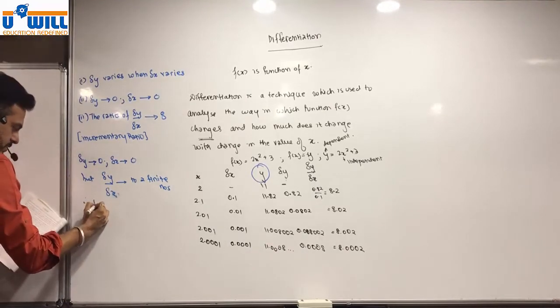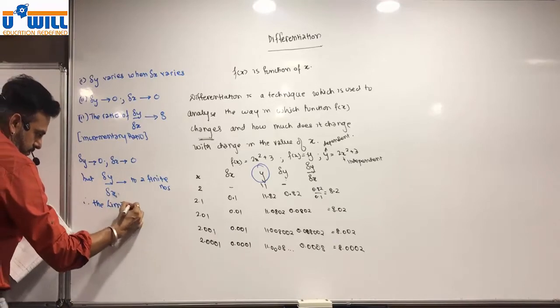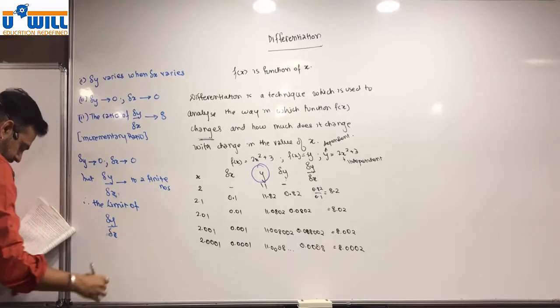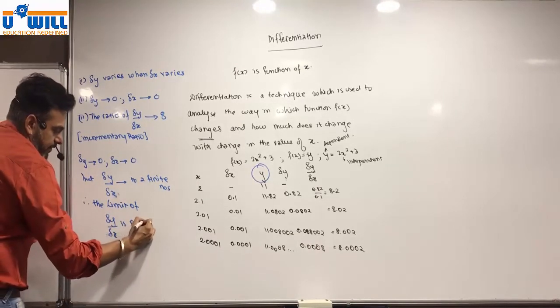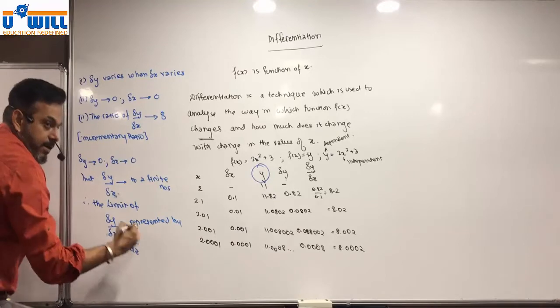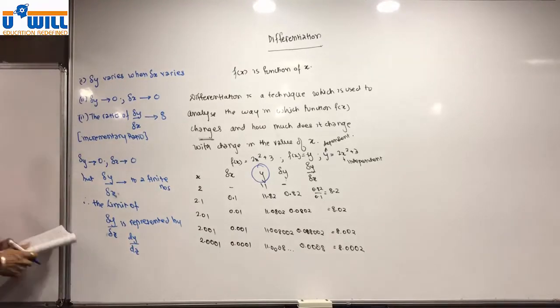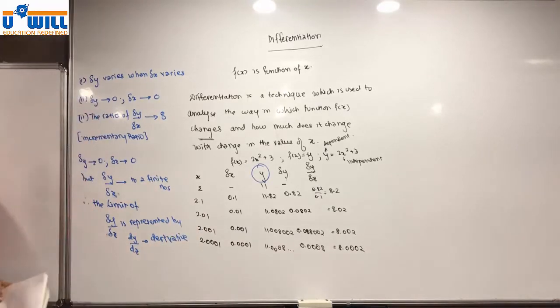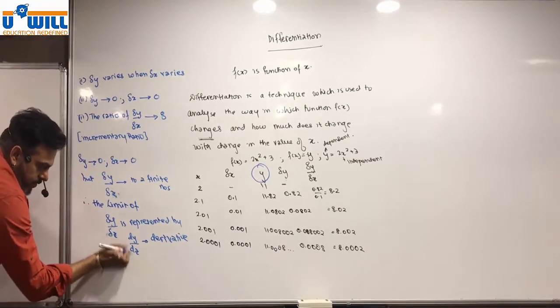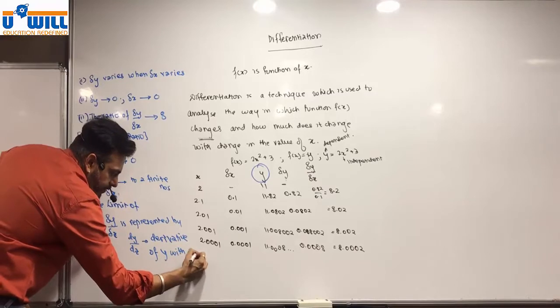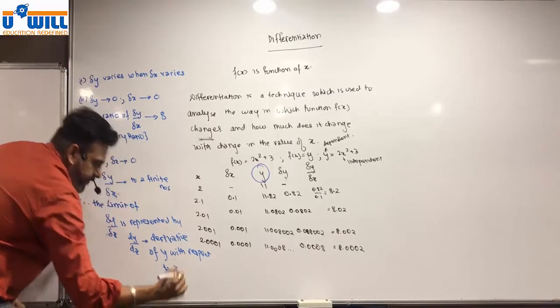Therefore, the limit of delta y upon delta x is represented by dy upon dx, which is called derivative of y with respect to x.